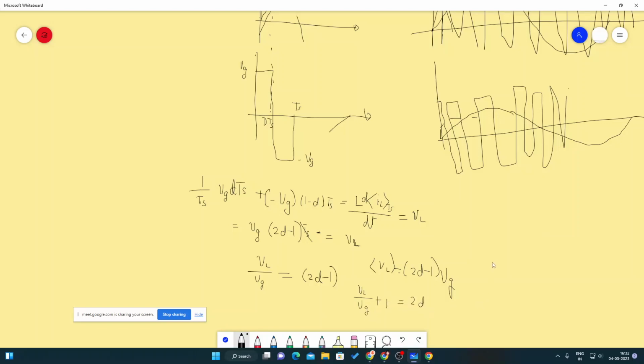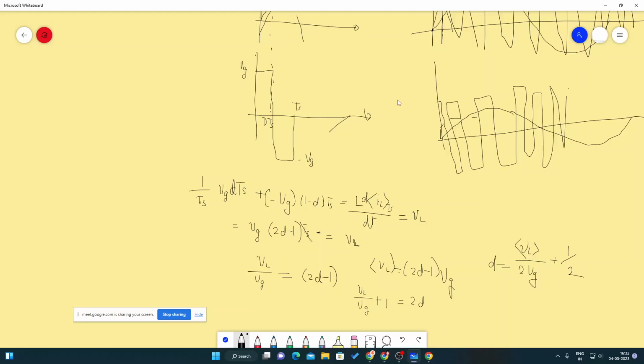So D will be equal to VL, which is averaged, by 2 Vg plus half. Now they are thinking this is the average output voltage for a cycle. For one cycle, yeah, for one Ts duration.